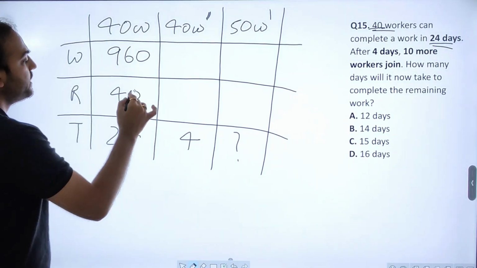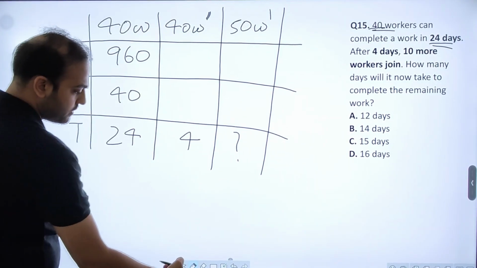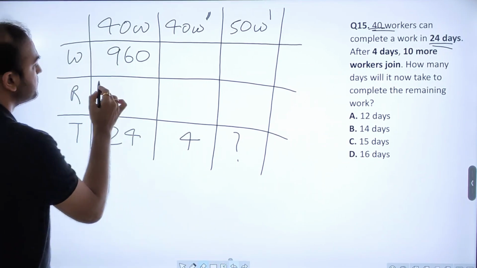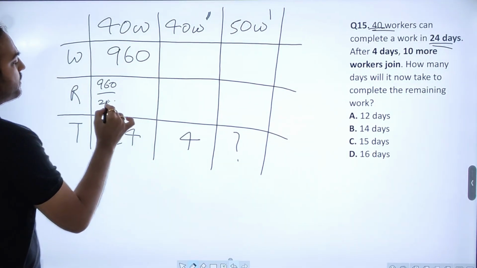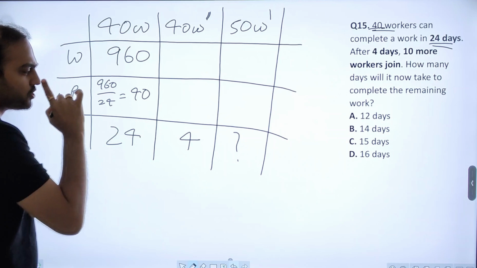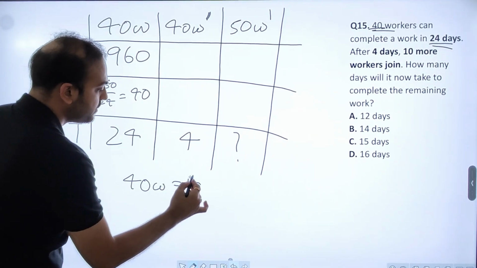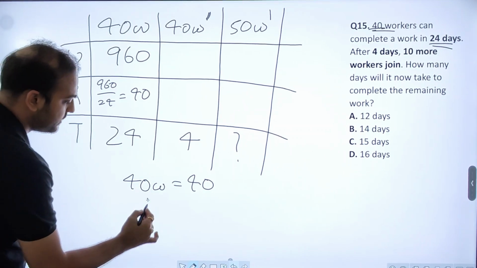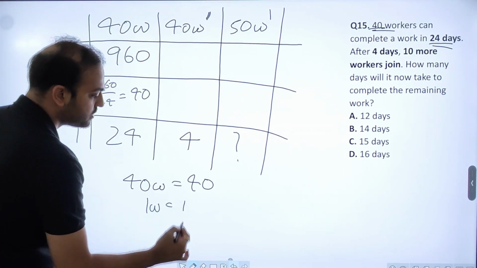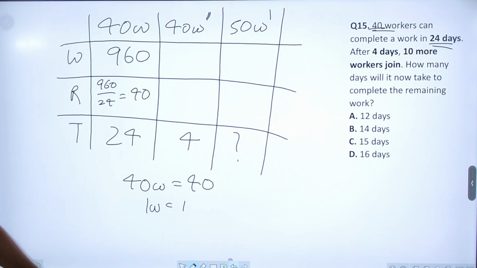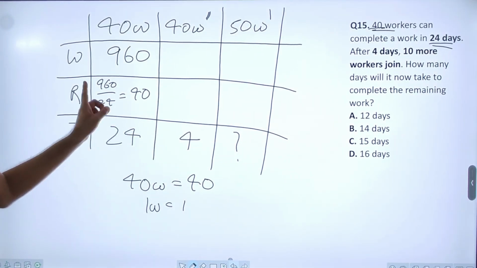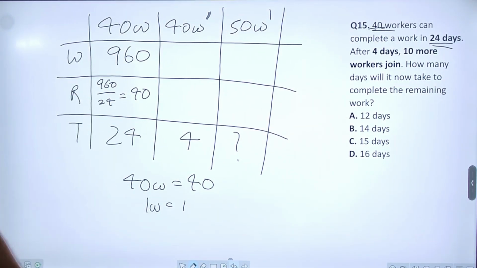That means they are eating 960 by 24, 40 chocolates a day. So 40 workers eat 40 chocolates a day. That means one worker eats 1 chocolate per day. So the rate of one worker is 1 chocolate.